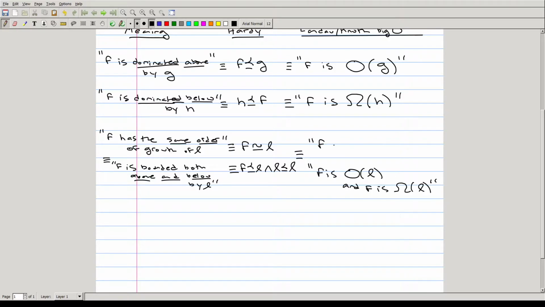We introduce a new symbol for this statement that f is big O of L and f is big omega of L to just be f is big theta of L.